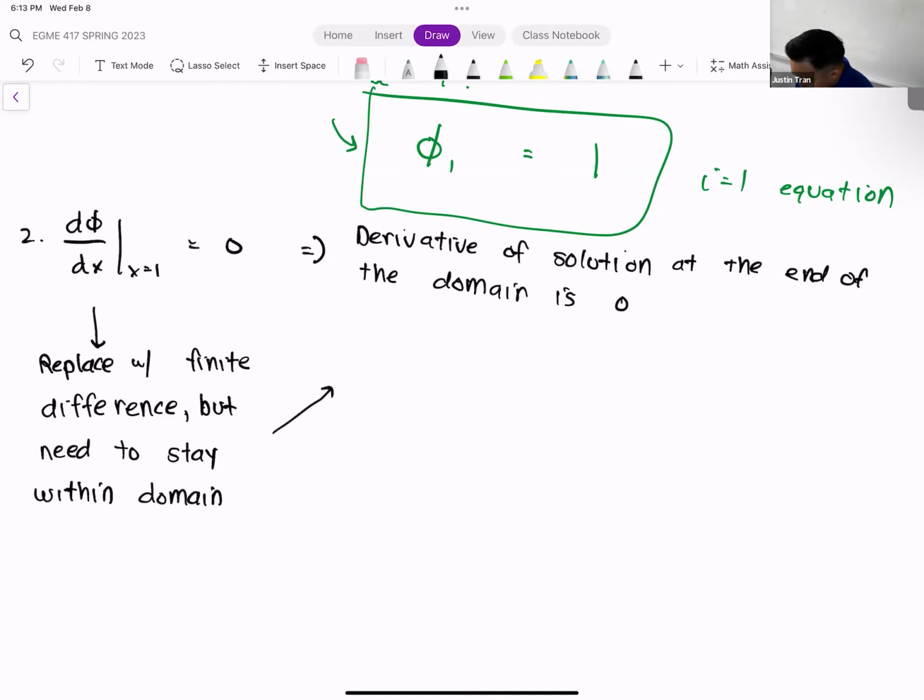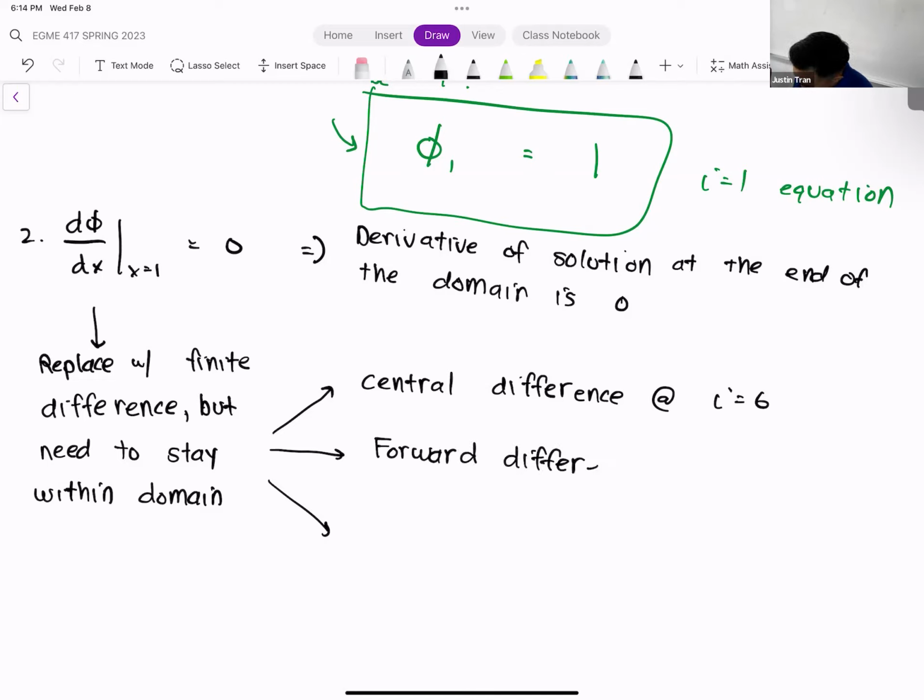If you remember, for a first order derivative, we have 3 options here. We can either do a central difference at I is equal to 6, a forward difference at I is equal to 6, or a backward difference at I is equal to 6.